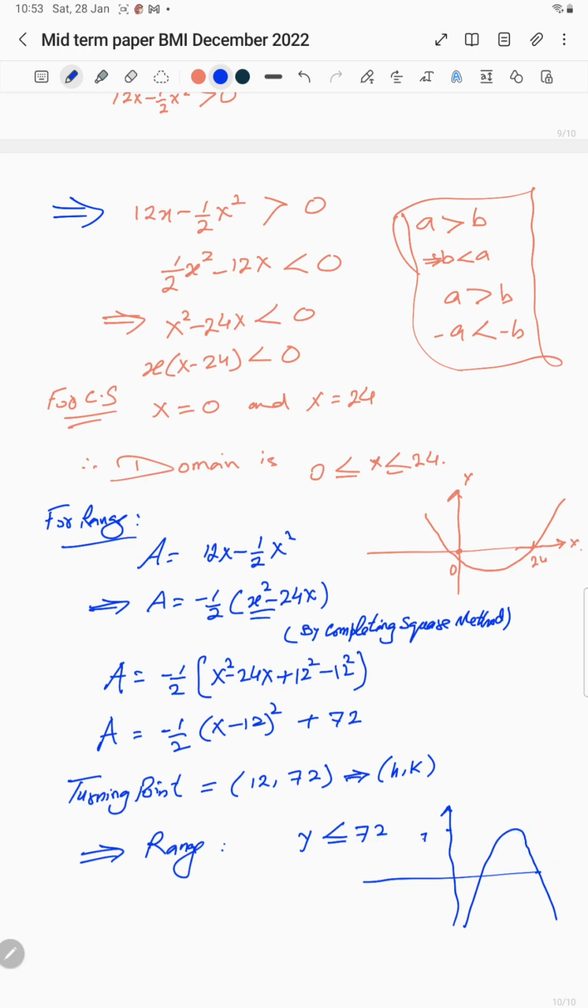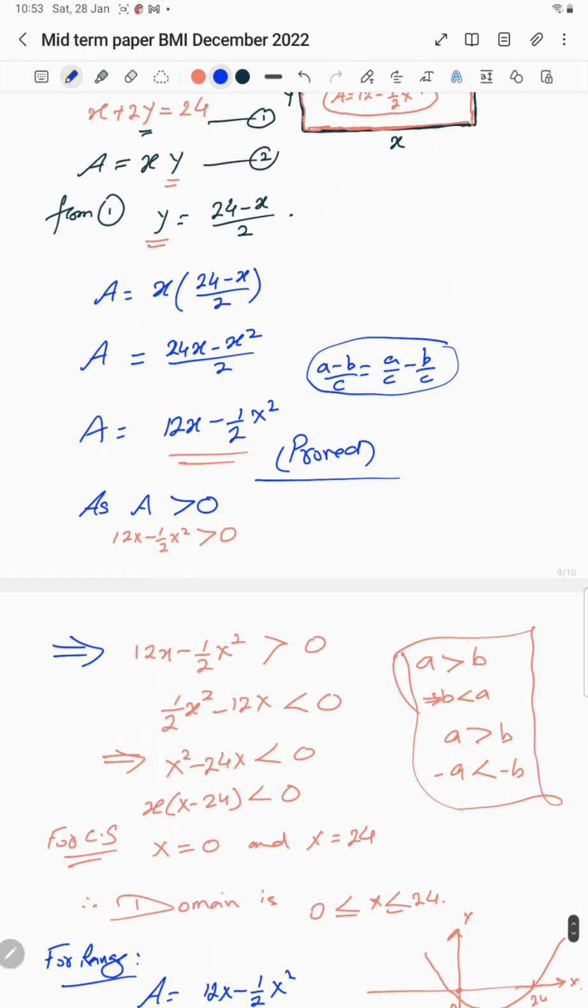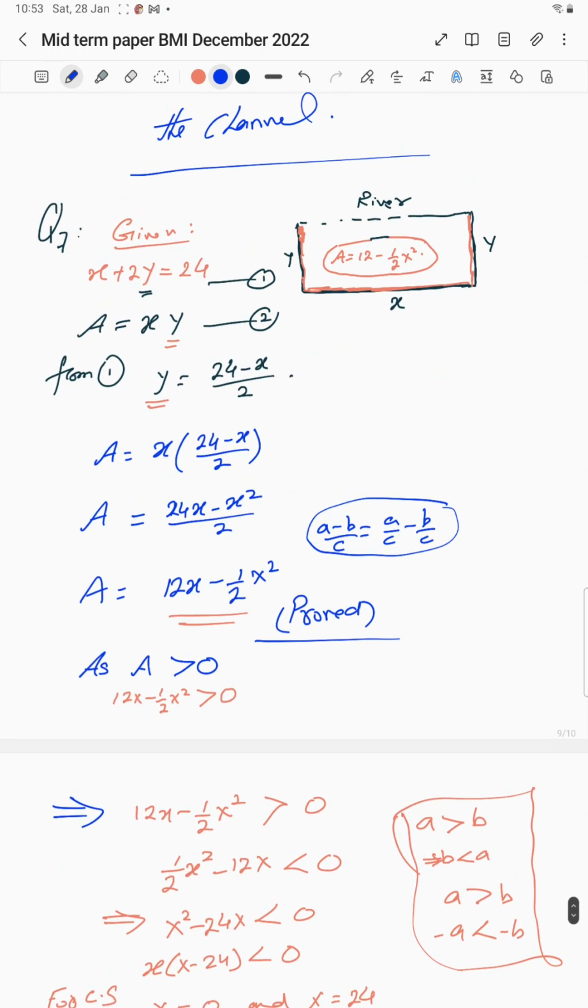So if it is 72 here somewhere, and here it is 12, the turning point of the curve becomes (12, 72). Fine. So this was the final answer, how to find the domain and range after proving this area.